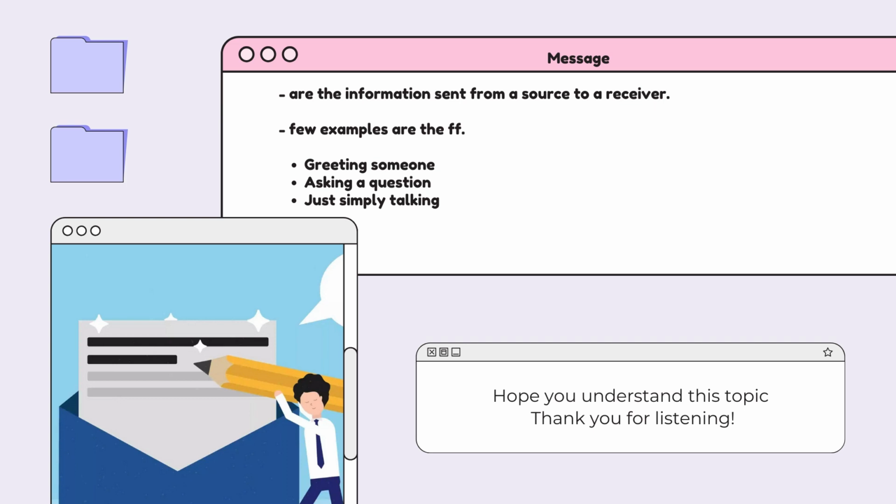So basically message are the information that you receive from other people, whether it's news, a person, your family, anyone, that you receive or you send are the message.